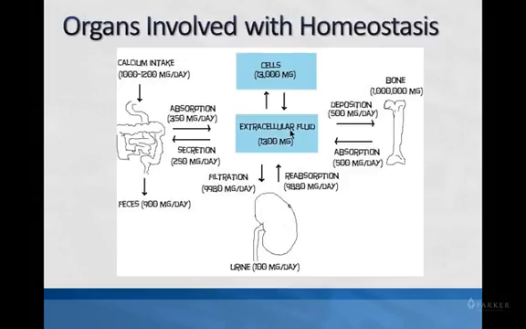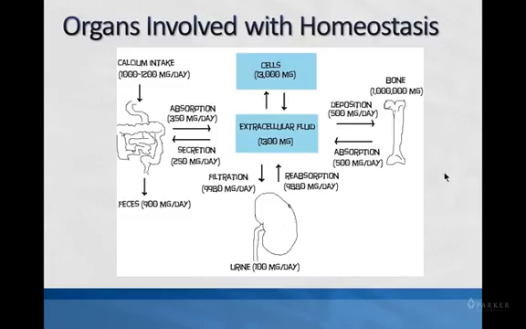Now, various organs are involved in homeostasis of calcium and phosphate. The three major organs involved are the GI tract, which you see to the left, your bone, and the kidneys. Let's talk about calcium now. We take calcium in within our diet. It doesn't have to be dairy; there are a number of different ways you can take calcium in your diet.